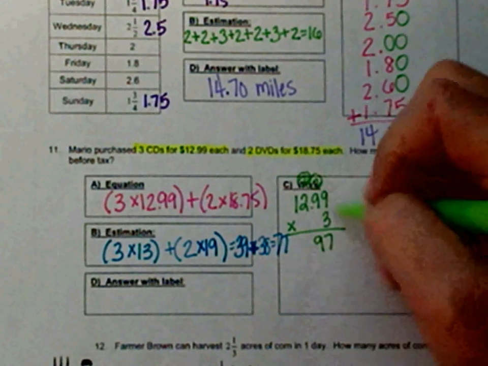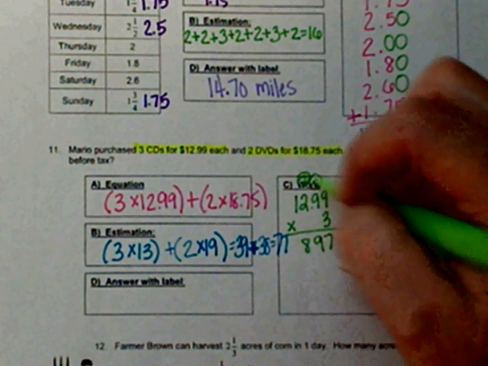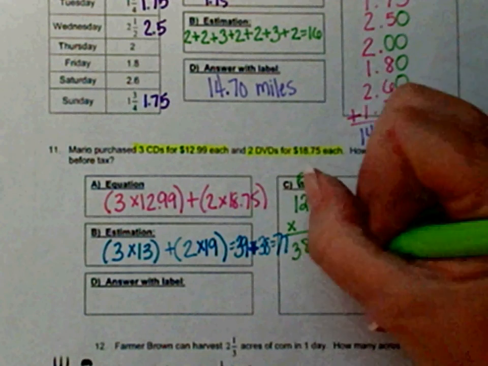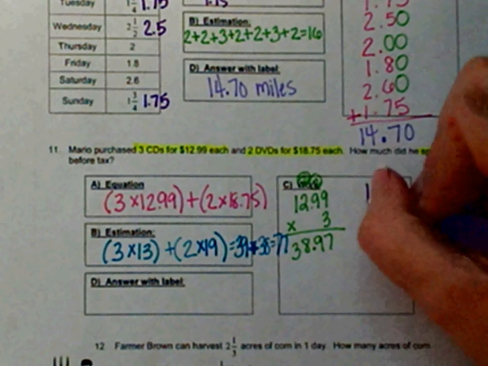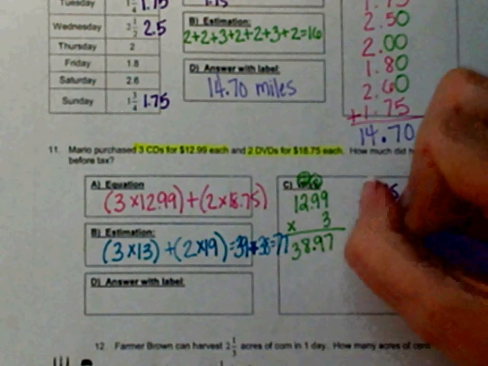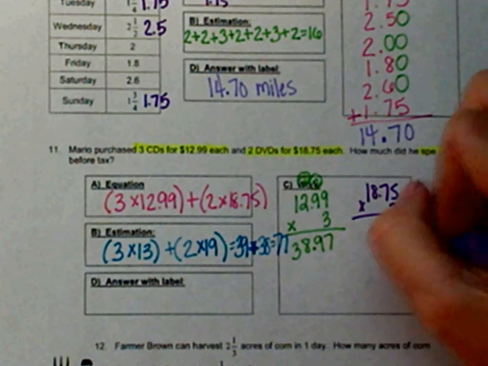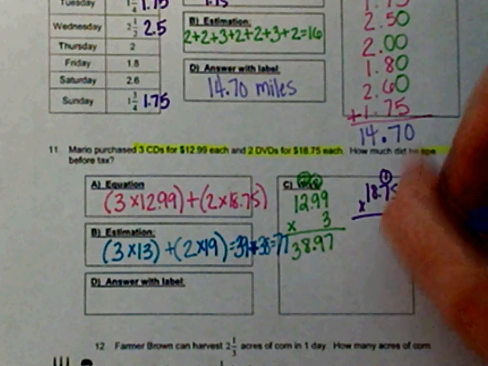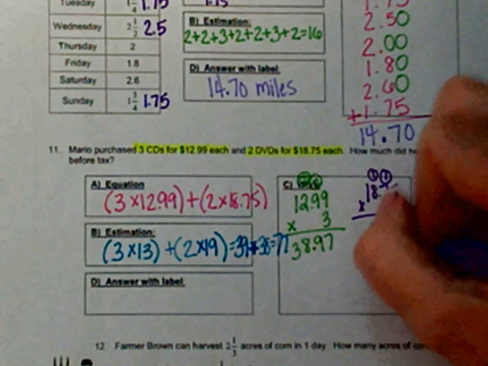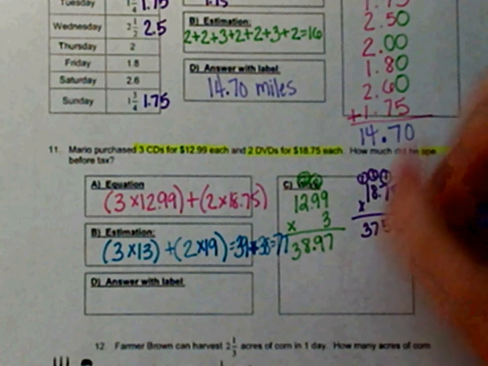Plus 2 times 18.75. Well, 18.75 is closer to 19 than it is to 18. So 3 times 13 is 39. 2 times 19 is 38. If I add those, I'm getting 77. So my answer should be around the 77 mark somewhere.